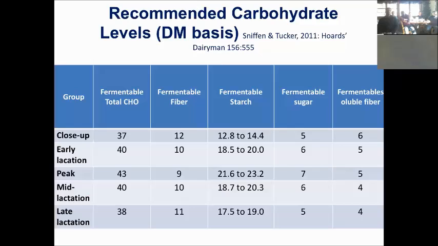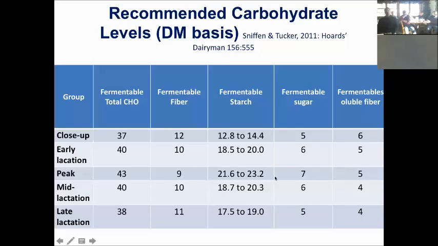These are numbers taken from an article in Hoard's Dairyman in 2011, looking at different groups of cows: fermentable total carbohydrates, fermentable starch, sugars, and fermentable soluble fiber.